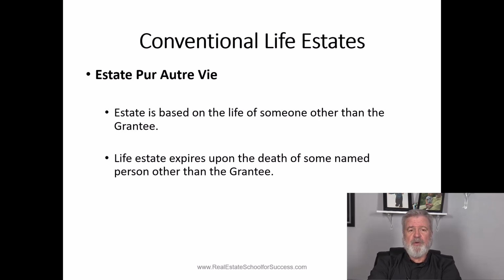That's kind of how the estate per autre vie works. So in a nutshell, the life tenant is someone other than the one receiving the benefits. In this example, the nurse is receiving all the benefits, but only for as long as somebody else is alive, in this example, the wife. So that's a little bit different for sure.